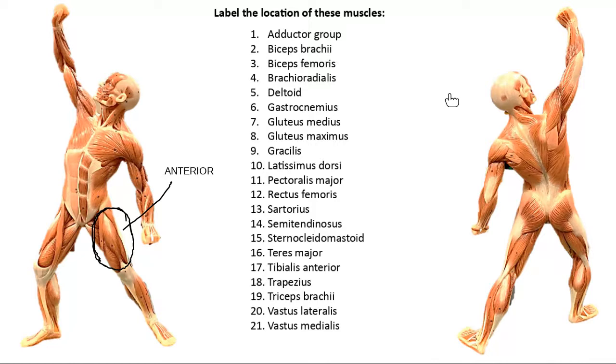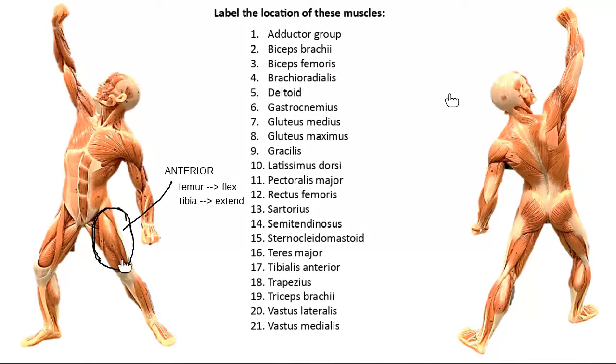Muscles that live on the anterior side, do they flex or extend the femur? Now, these are my flexors. Muscles that live on the anterior side, what do they do to the tibia? Do they flex or extend the tibia? Yeah, remember, this was the area where it got funky.